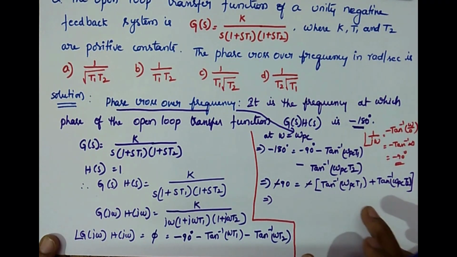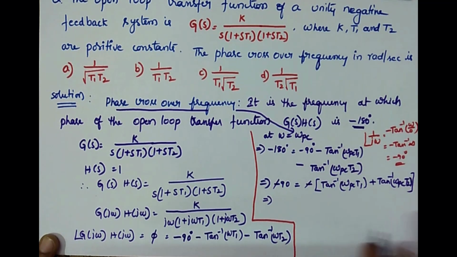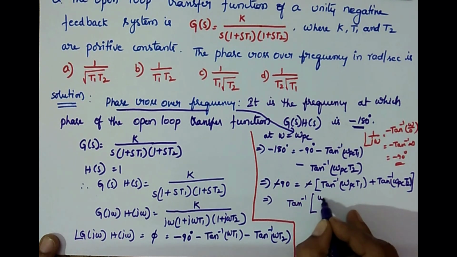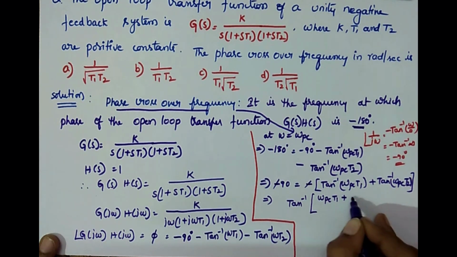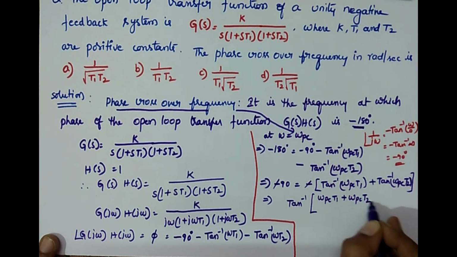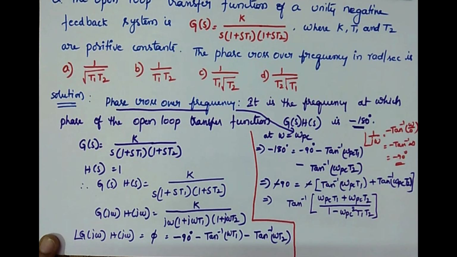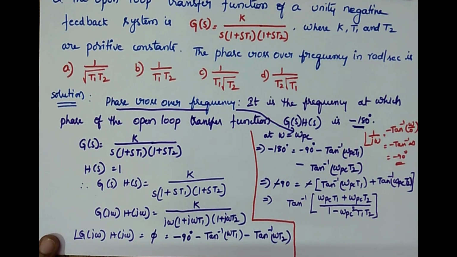It is like tan inverse A plus tan inverse B, so you can write it as tan inverse of (A + B) / (1 − AB), with AB being ω_pc T1 into ω_pc T2, so ω_pc squared T1 T2.